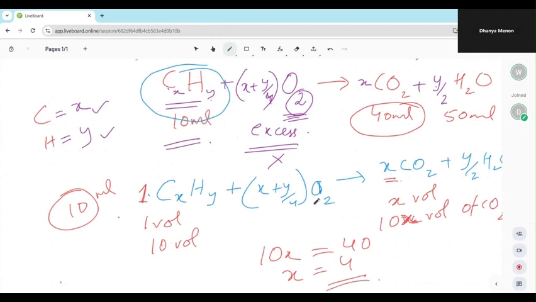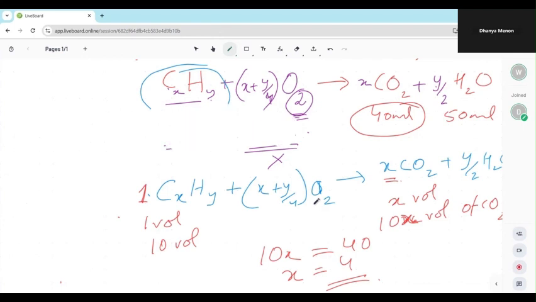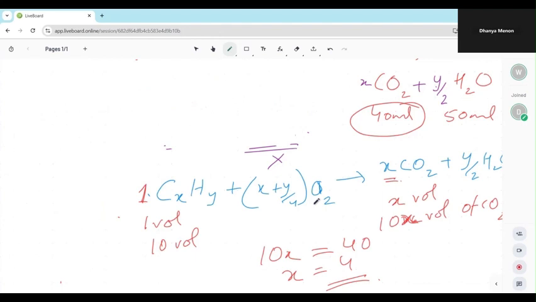Okay. Similarly, 1 mole or 1 volume of CXHY gives you y by 2 volume of water or steam.